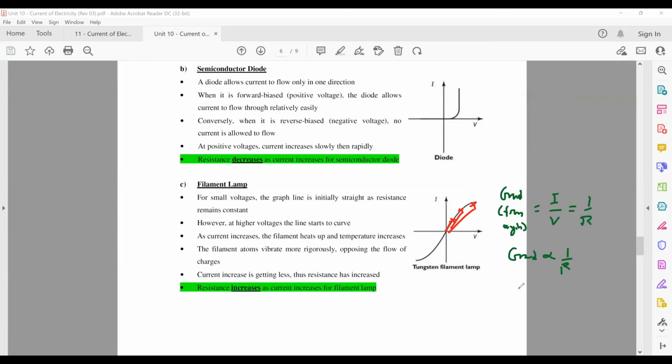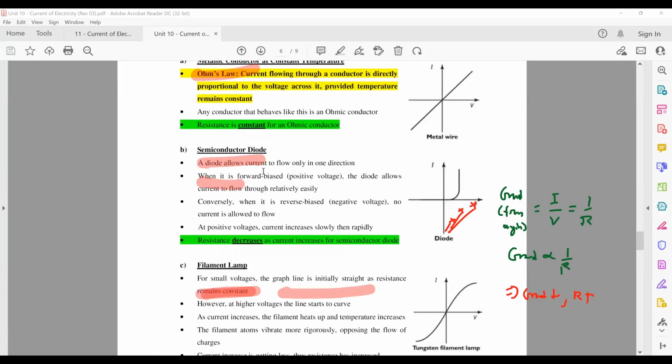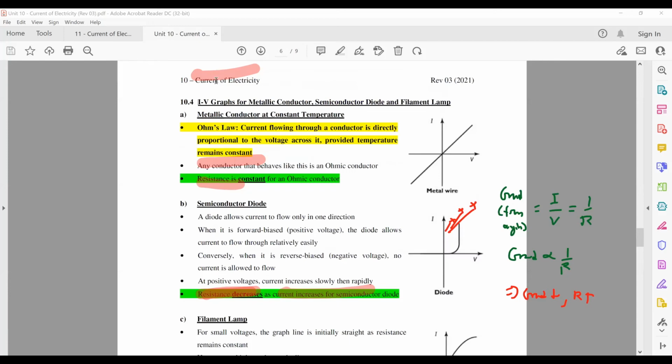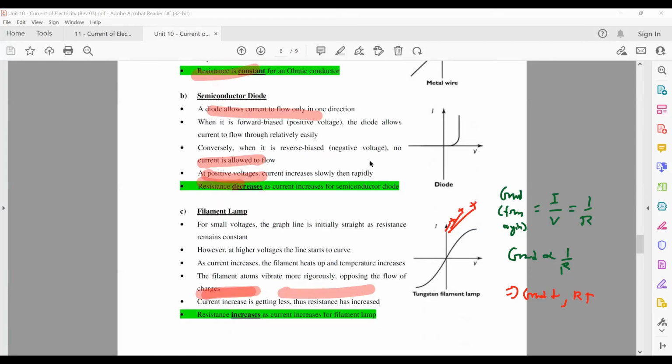You notice that the gradient is dropping. So resistance is increasing. Okay. So resistance increases as current increases for filament lamp. Okay. So filament lamp, resistance increase. Semiconductor diode, resistance decrease. Ohmic conductor, or rather metallic conductor at constant temperature, resistance is constant.